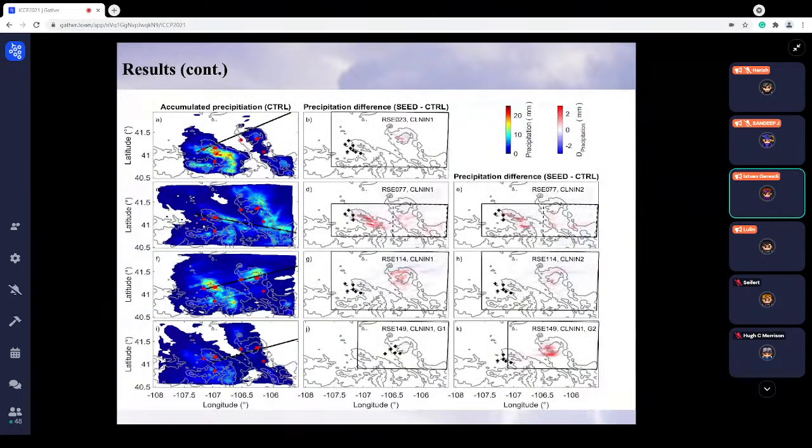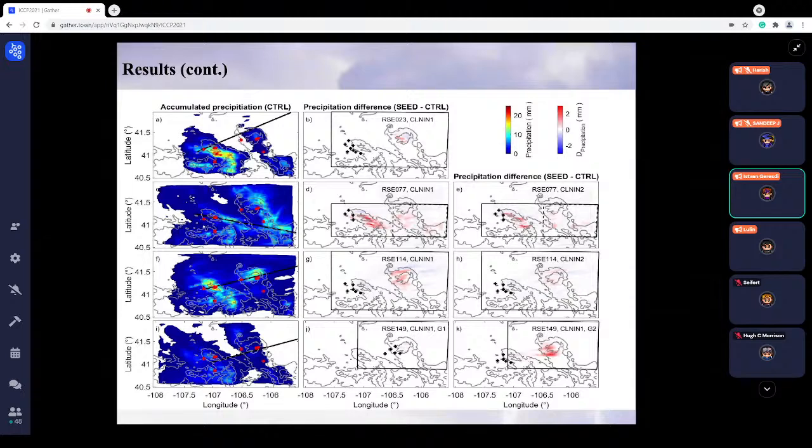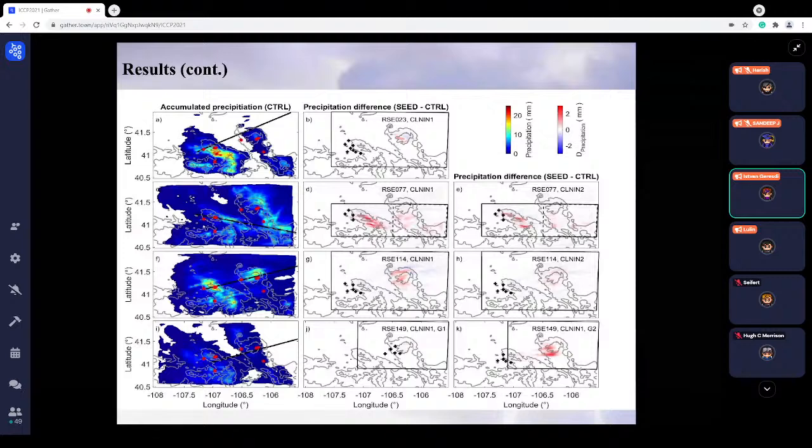Okay, so here you can see the simulated accumulated surface precipitation for 4 different cases, in the first column. In the second column, you can see the difference between the seeded and the control cases. The red color shows the enhancement, and the blue shows the region where the amount of snow decreased due to the seeding.